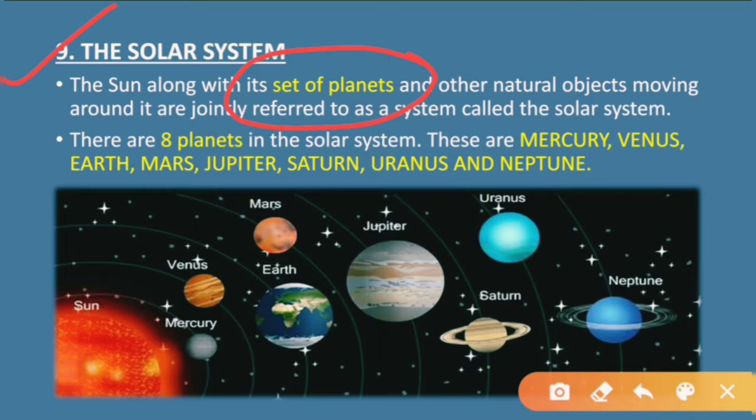So what is the solar system? Solar system means the sun along with the set of planets. Along with the set of planets means all the 8 planets and other natural objects.